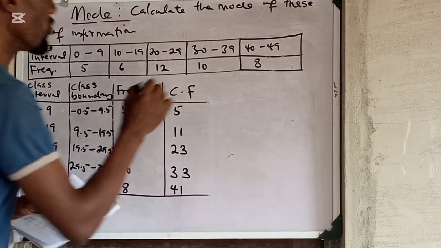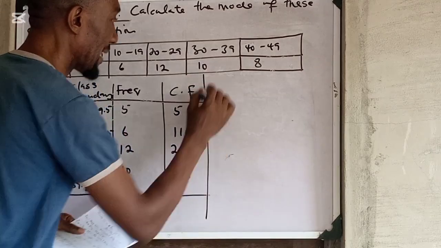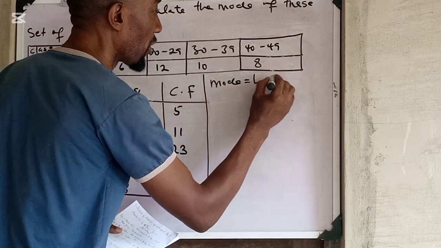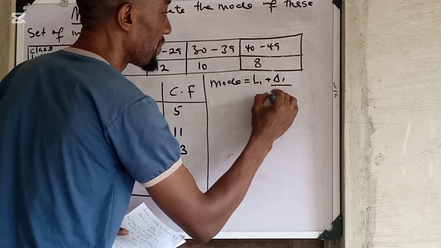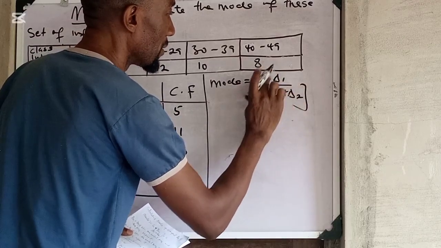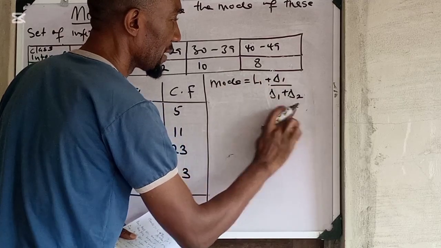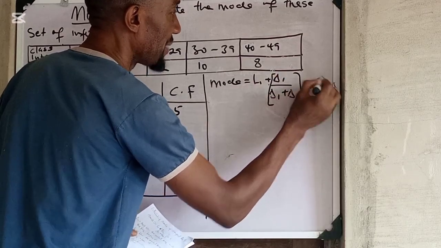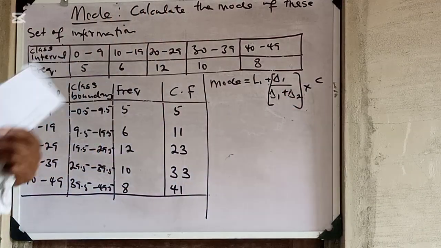So remember that mode is equal to L1 plus delta 1 divided by delta 1 plus delta 2, all multiplied by C. Now what is this C? Class size.